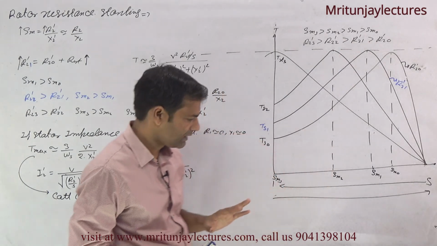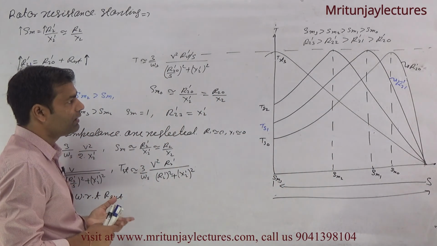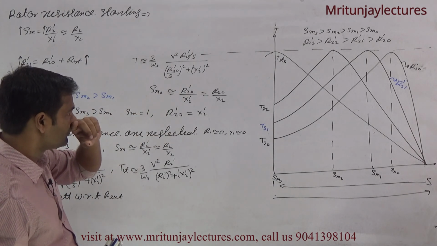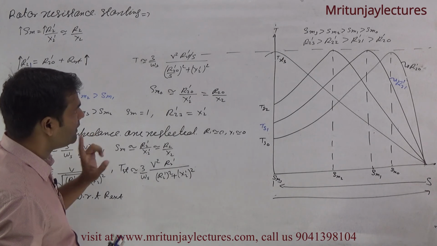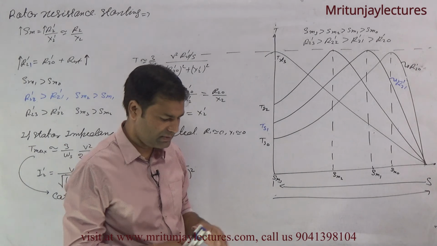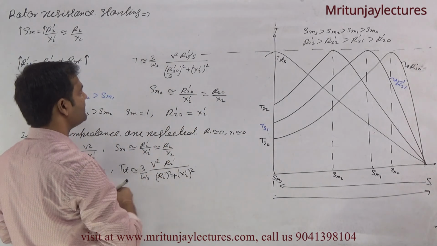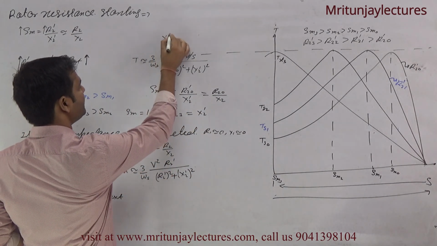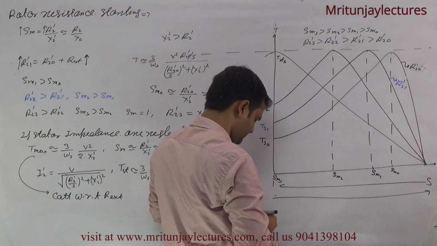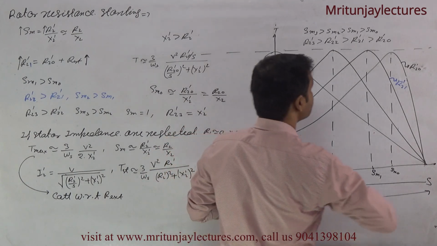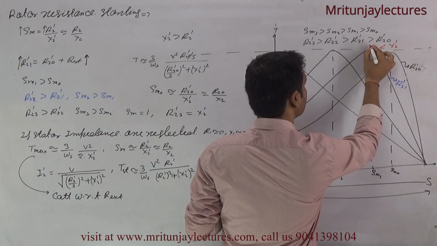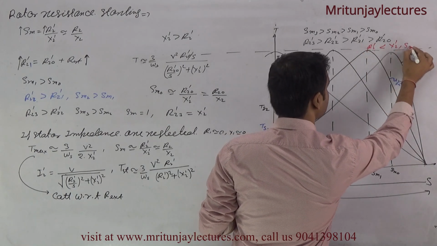Now another way: what about R2 and X2? The relation between R2 dash and X2 dash. For slip less than 1, in this region X2 dash is greater than R2 dash, so SM is less than 1.